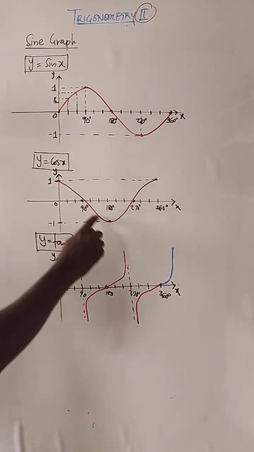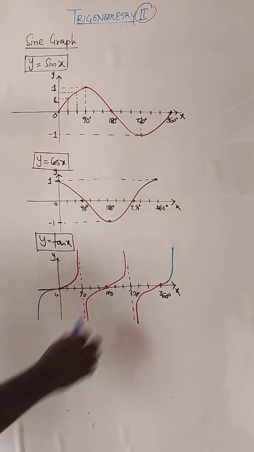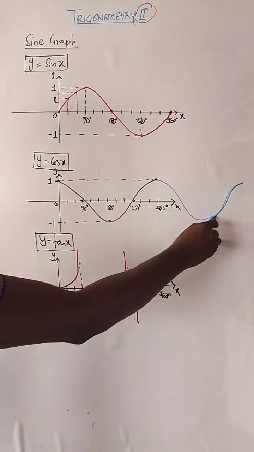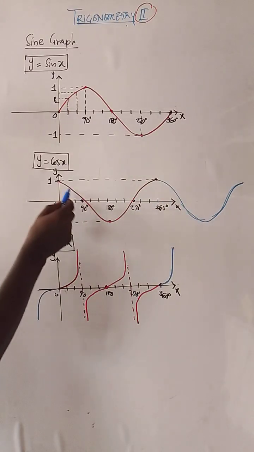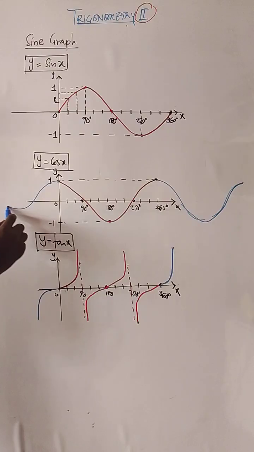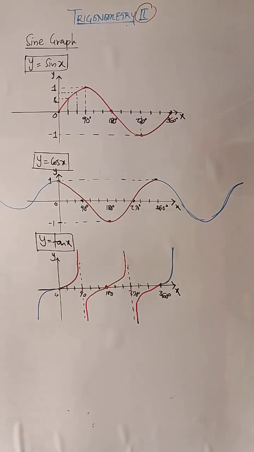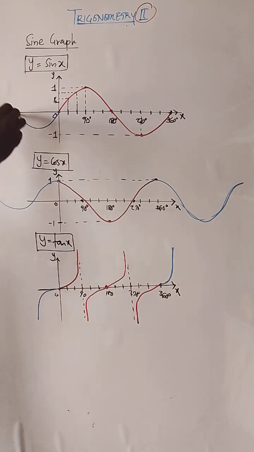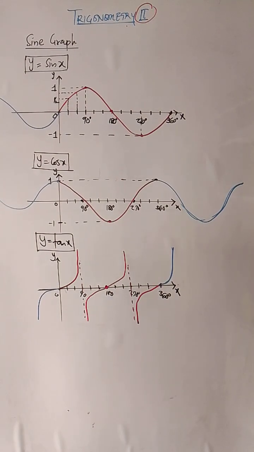For this one, it has this pattern, which you can also continue. For sine, it also continues that way. But focus on the red line when the angle is taken from 0 to 360.